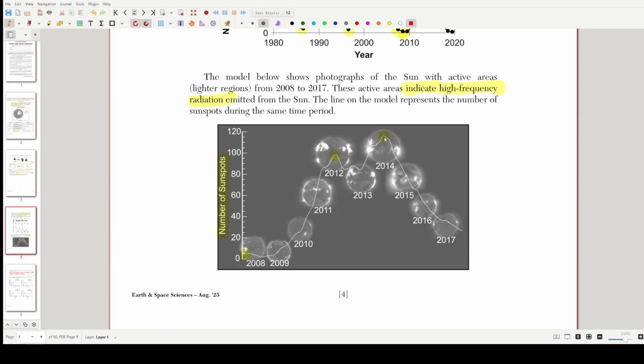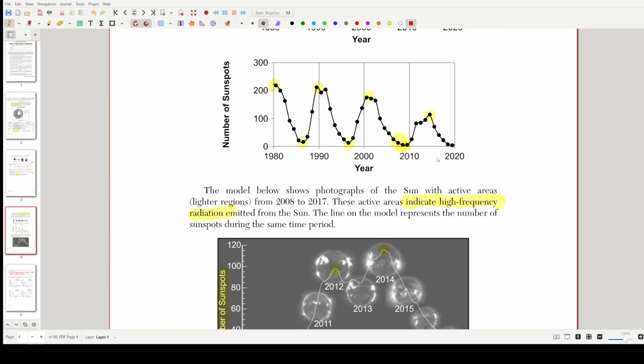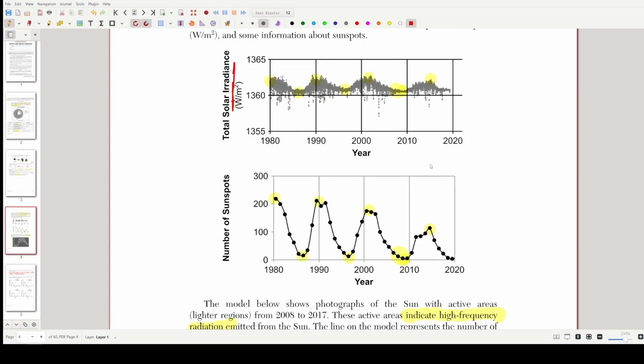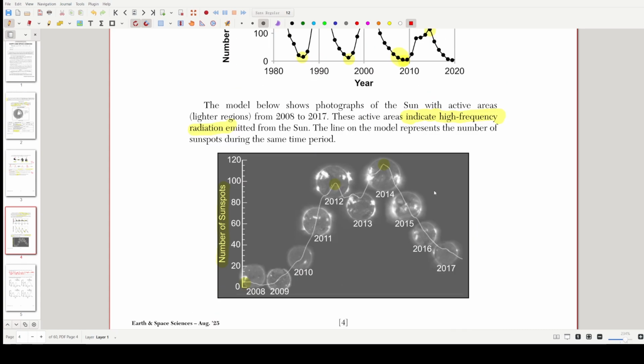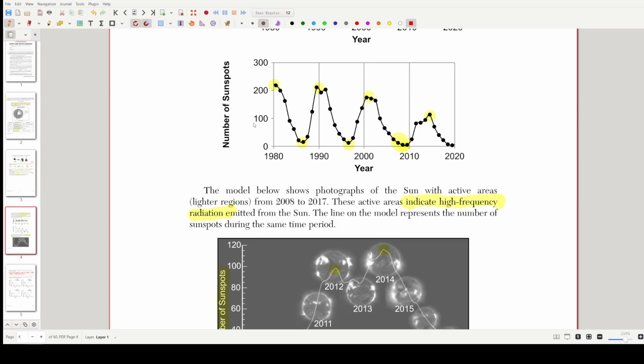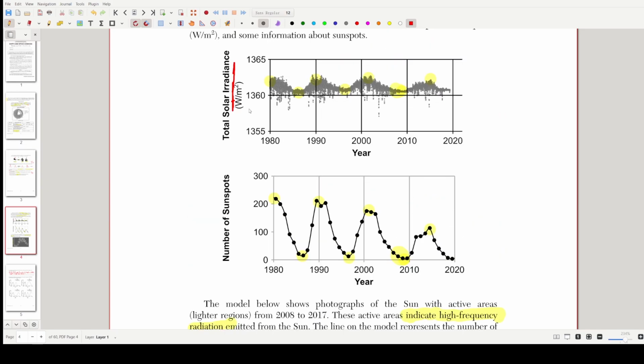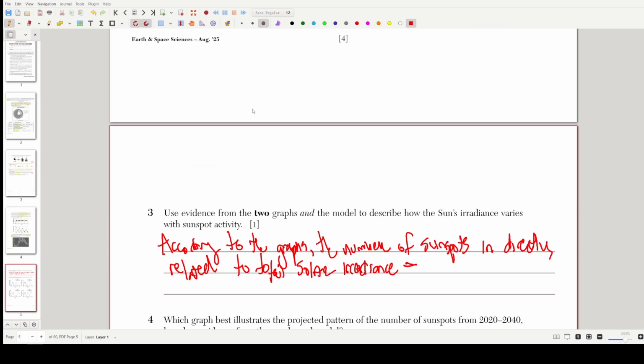So we could say, for example, in 2014, there was high frequency radiation, high number of sunspots, and high solar irradiance. We'll just say in 2014, all 3 variables were high.